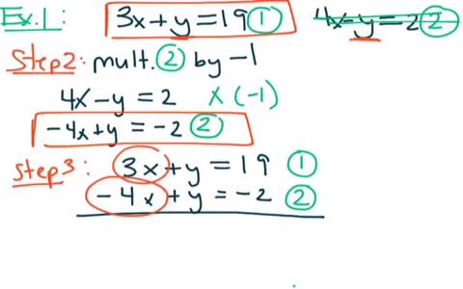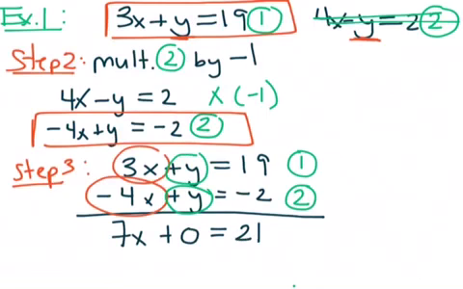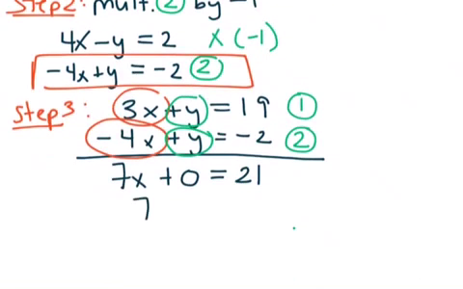So I'm going to write 7x underneath here. And then I have y minus y, and that is just 0. So I've got plus 0, and that was the whole point of why we needed them to match. Then we've got 19 minus negative 2, which is 21. So here we've got actually just 7x equals 21.